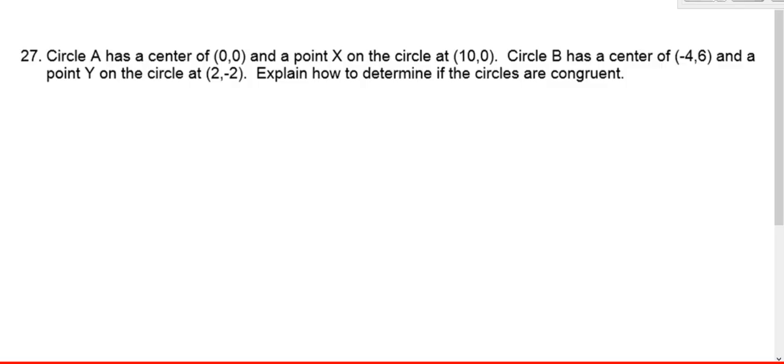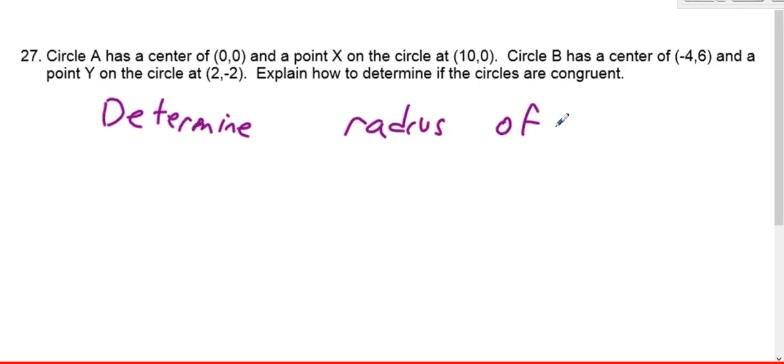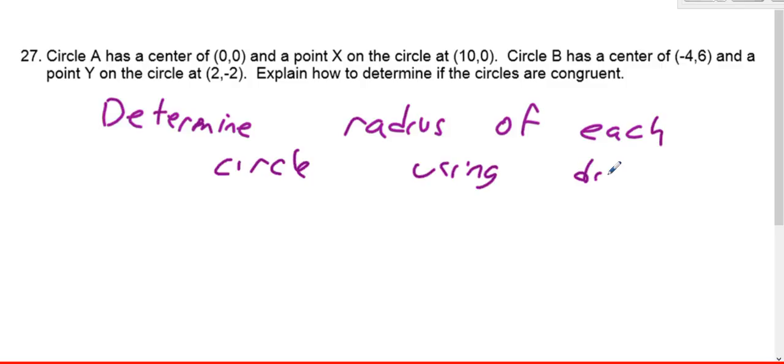Well, we know the center and the point, so we're going to find the distance between those points to get the radius, by using the distance formula. And if they have the same radius, then they're congruent.